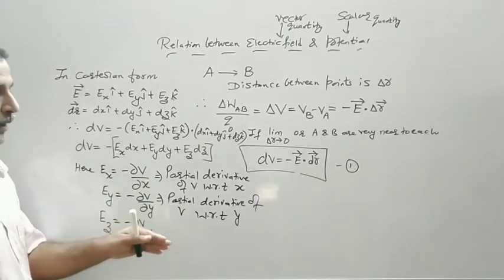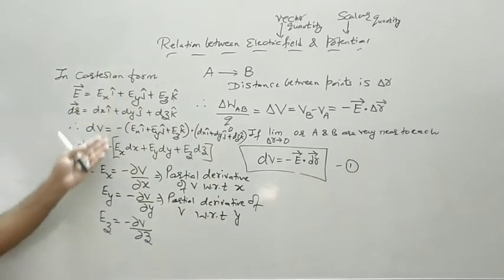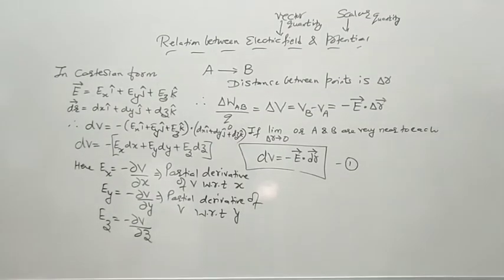But if it is not the case, then we have to do this calculation of the partial derivative, and now we will try to understand what is the partial derivative.